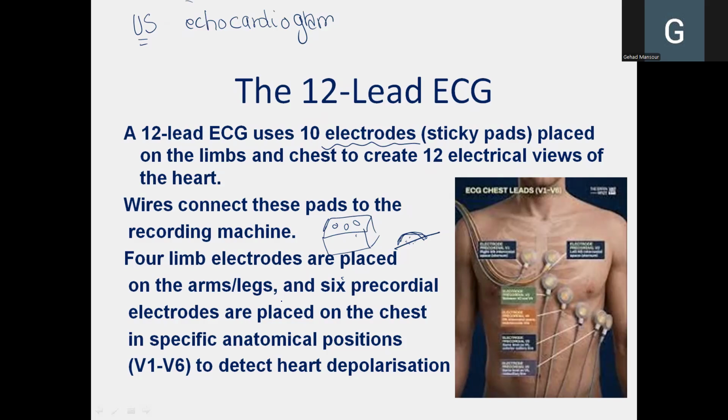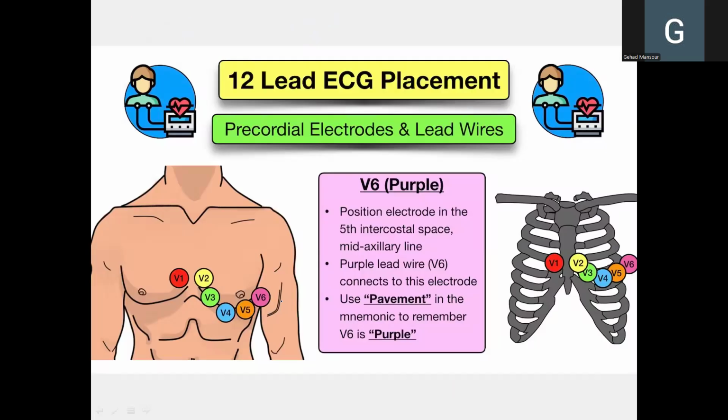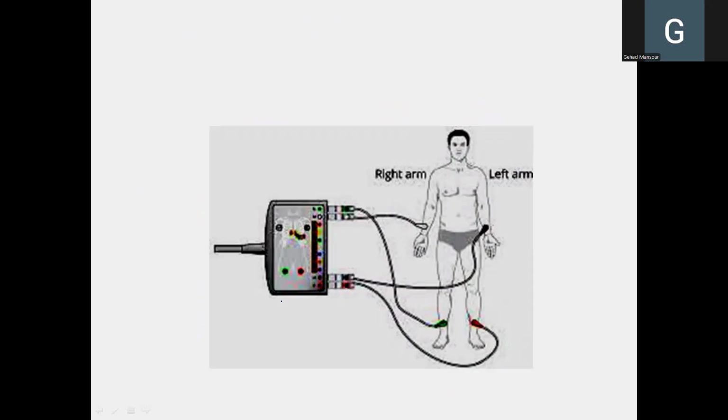Where are the remaining electrodes? The remaining electrodes are put on the arms and legs, as you can see here in this diagram. So we have the right arm, the left arm, the right leg, and the left leg.